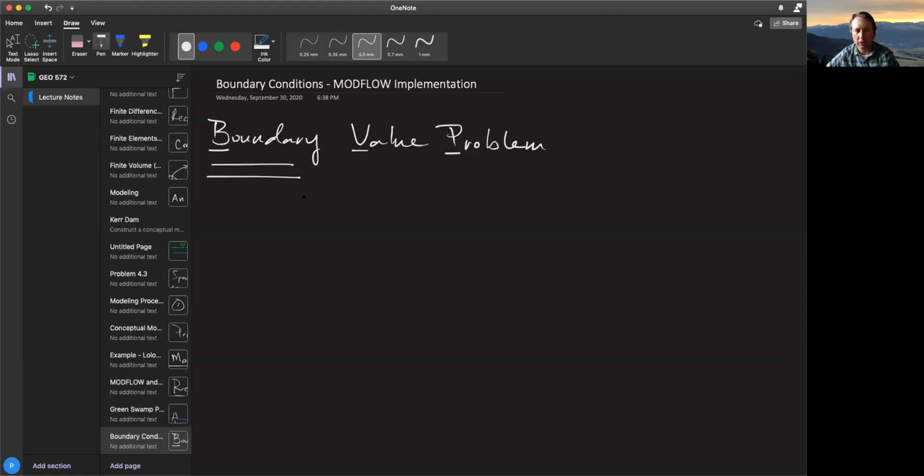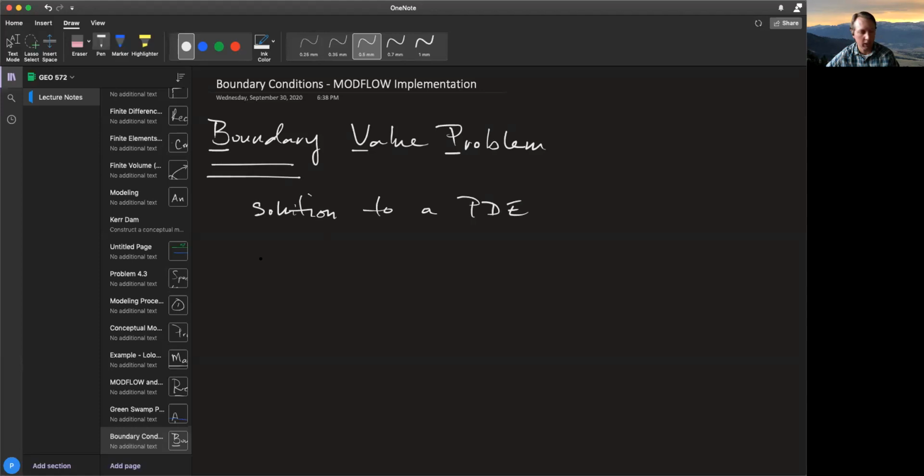The boundaries control our solution. They control the solution to our PDE. So the boundary value problem is a solution to a PDE, all right, given the boundaries.